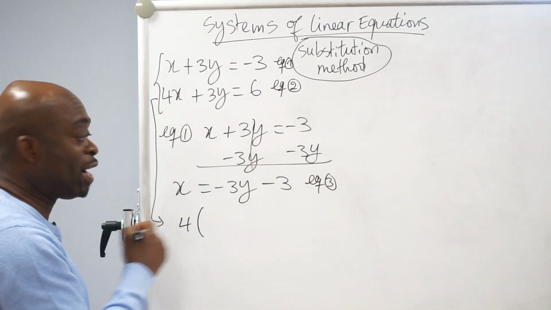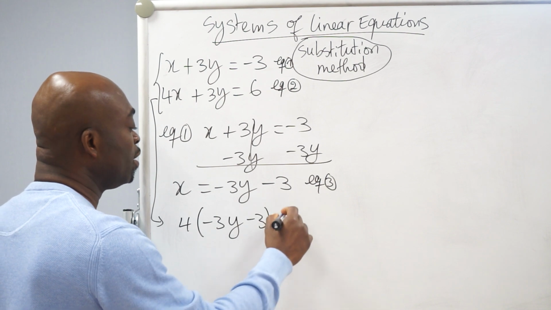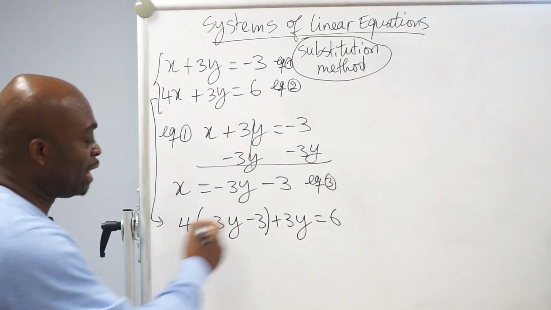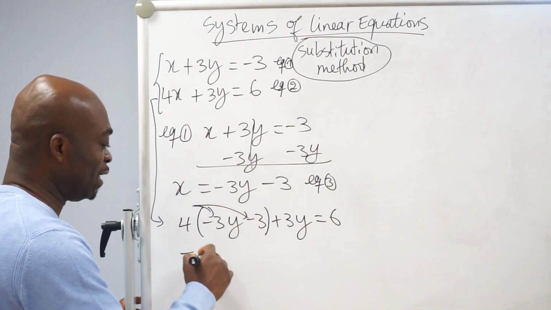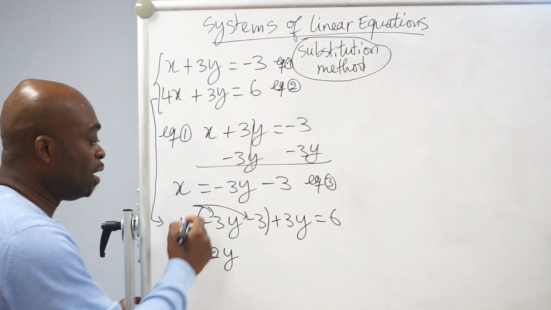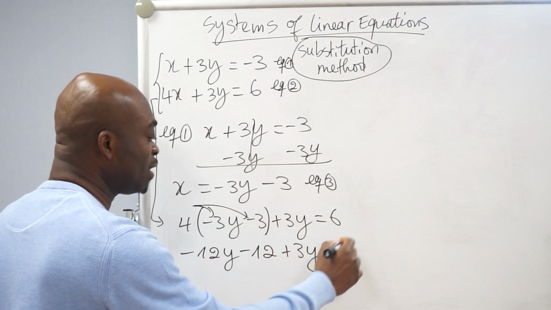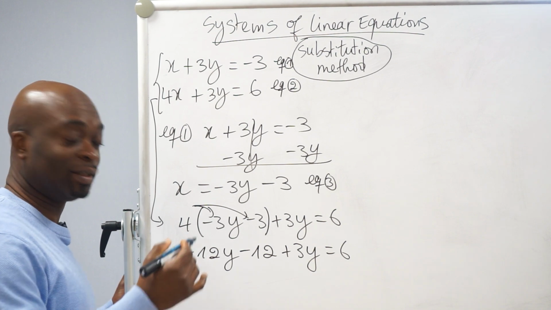Instead of 4x, we have 4 times negative 3y minus 3, plus 3y equals 6. We good so far? Now we remove parentheses, which gives us negative 12y minus 12 plus 3y equals 6. So far, so good? This is what we have beautifully done.